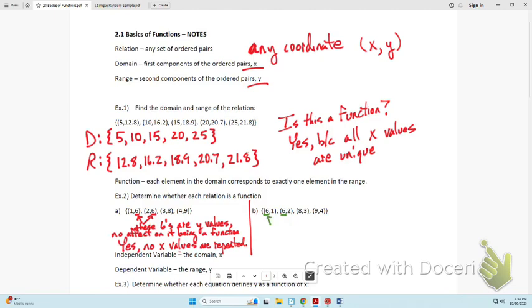So these are x values that are repeated. No, not a function.